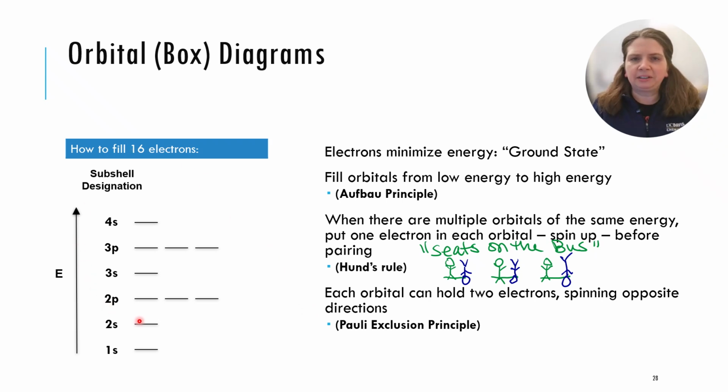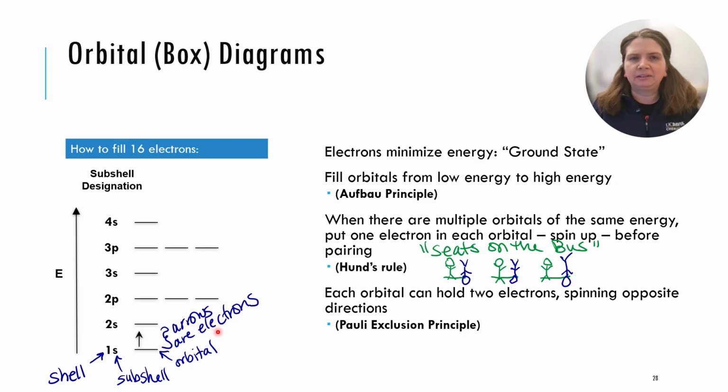Now we are ready to draw an orbital box diagram. At the bottom of the diagram, we place the lowest energy subshell, which is the 1s. The number represents the shell, and the letter represents the subshell. Next to the 1s, we label and draw one line to represent the single orbital in the s subshell.